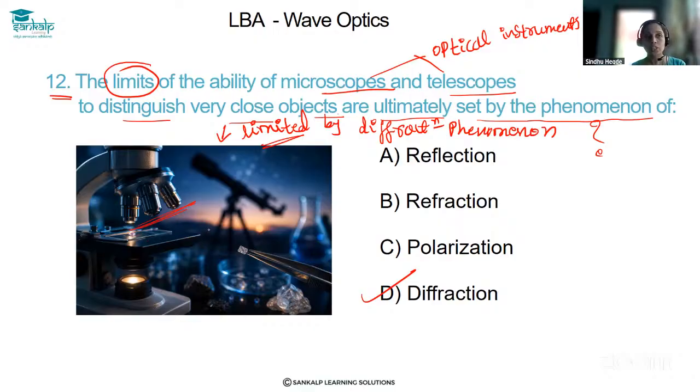If two objects are so close that their diffraction patterns overlap, due to this overlap they cannot be seen as separate entities. So that is the limitation of the diffraction phenomena of these optical instruments.